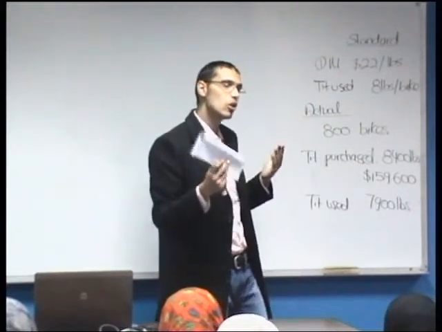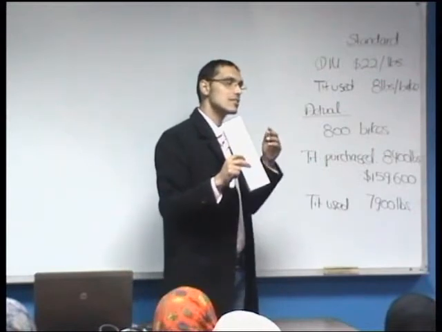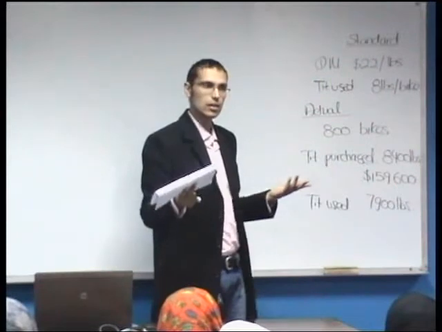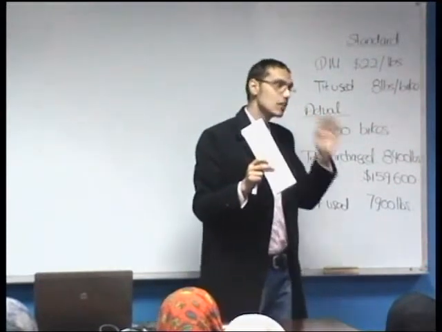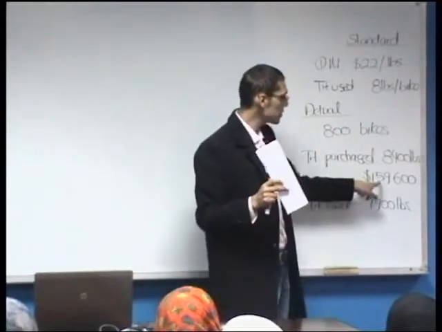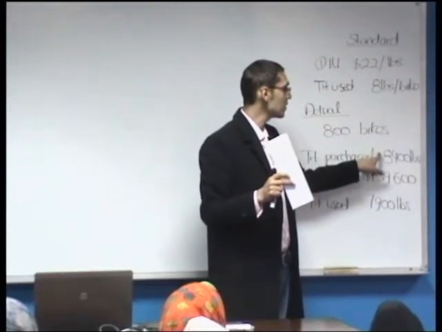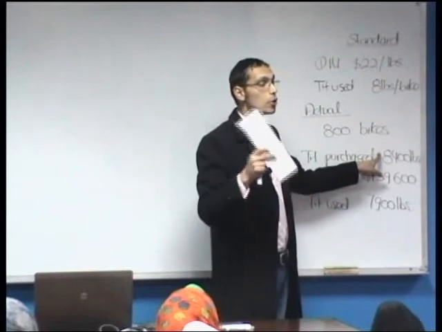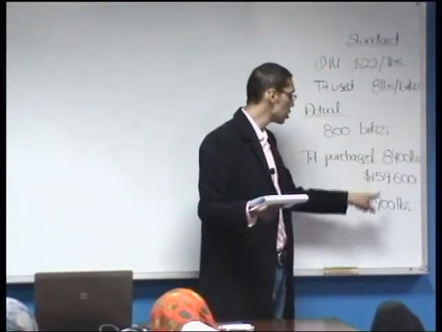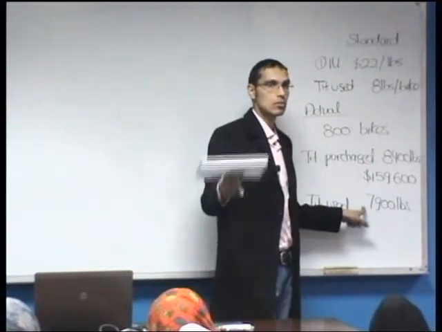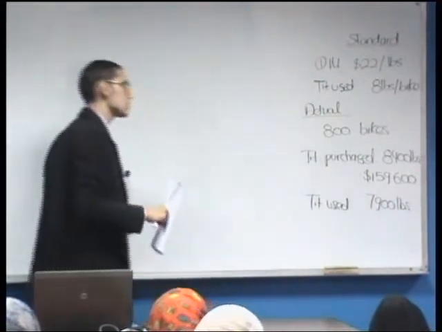It is just a little deviation from what we took. It is not a big deal, but we need to take into consideration that this amount, $159,600, was because of the 8,400 pounds of titanium purchased, not for the 7,900 that was used within the manufacturing process.